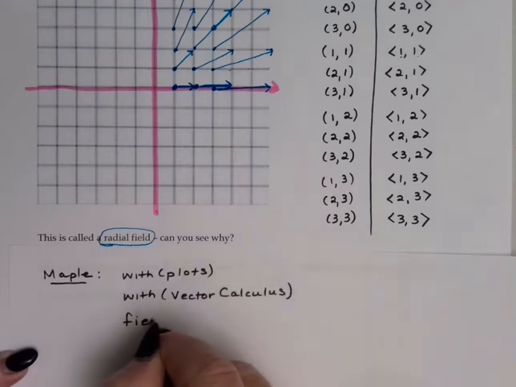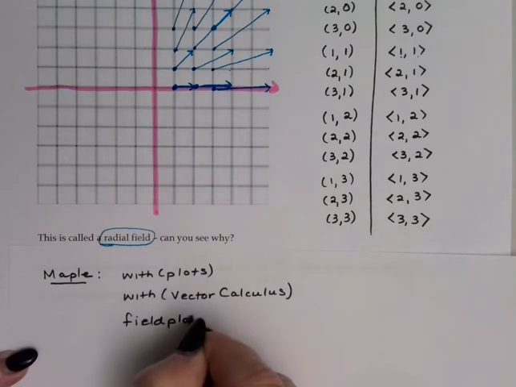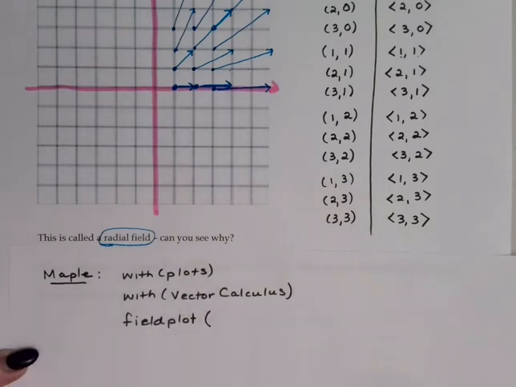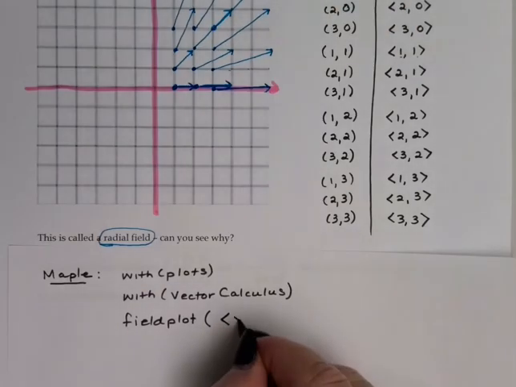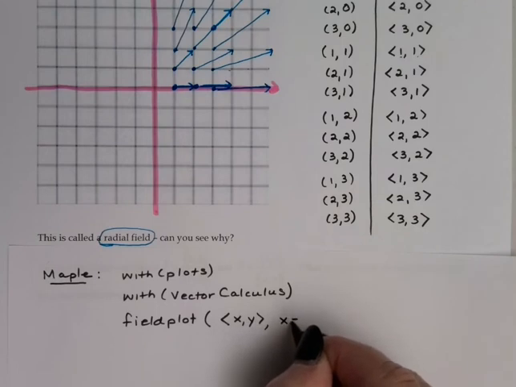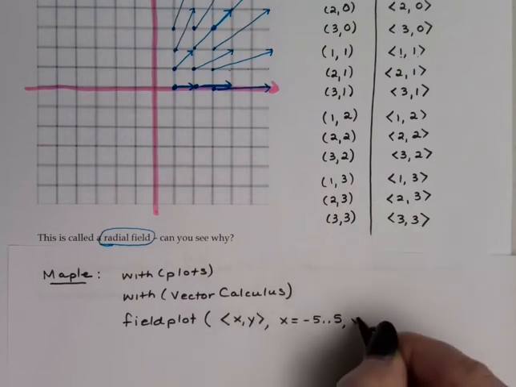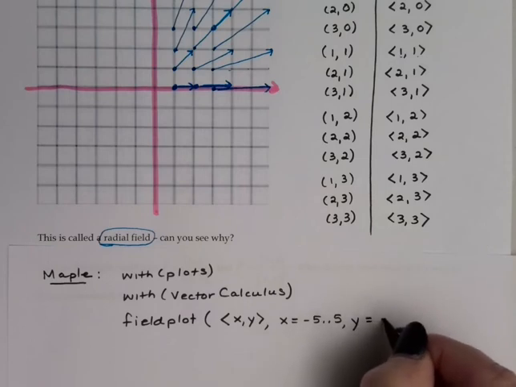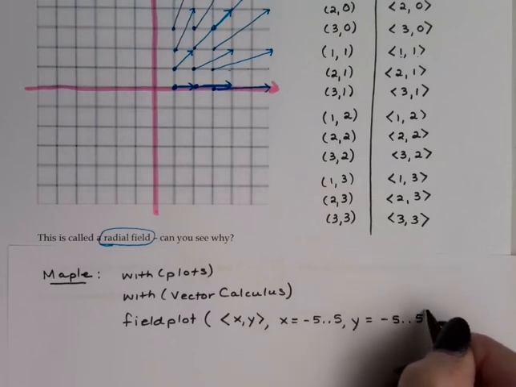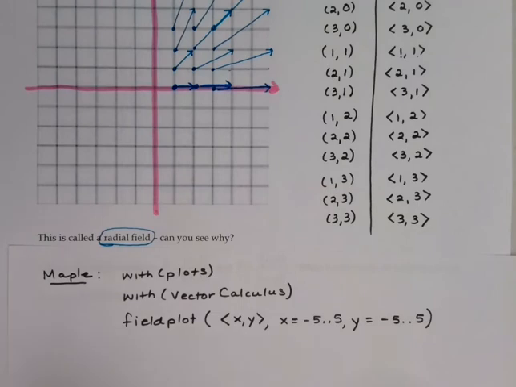And then the command is field plot. You're going to put your vector in. So in this case, I just put in the vector x comma y. And then you can do x equals, I did -5 to 5, but again, whatever window you want. And y equals, again, I chose -5 to 5. That gives you the general method for showing a field plot or a vector field in Maple.